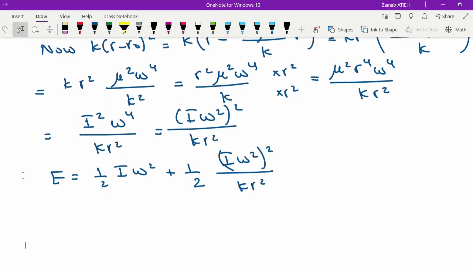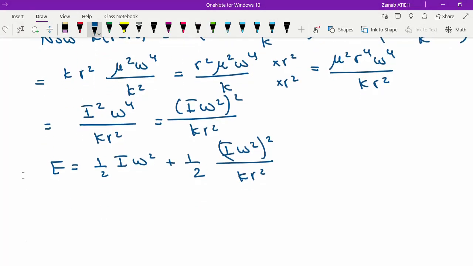Now we know that the angular momentum is equal to I omega. I want to replace the angular momentum by its quantized value, as stated in the question.